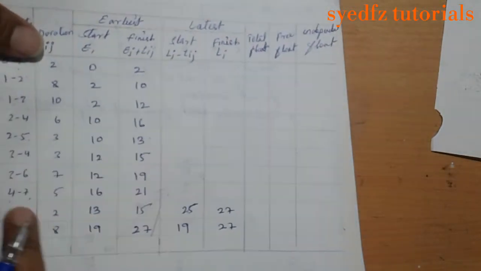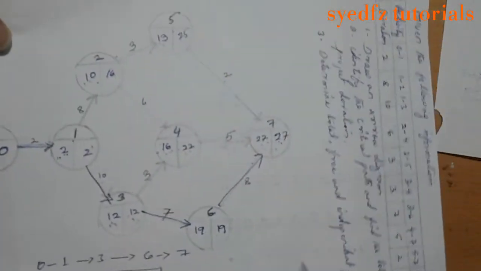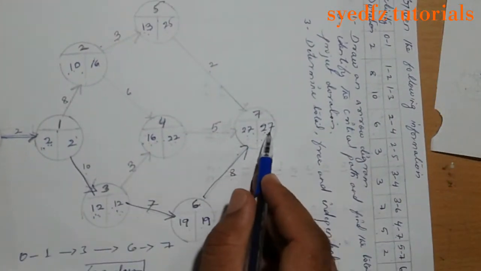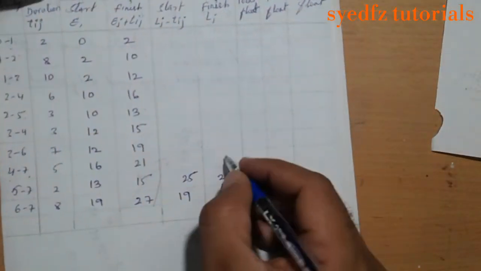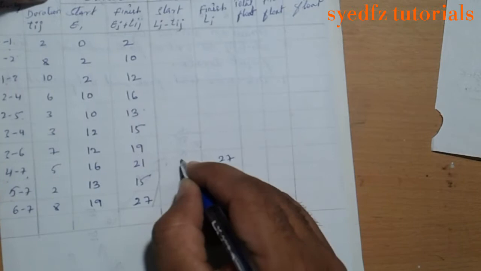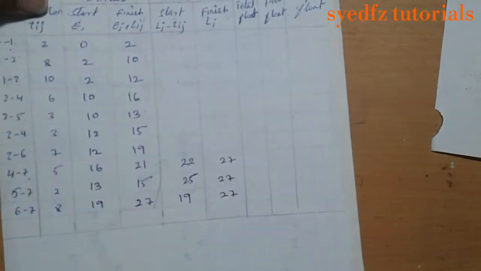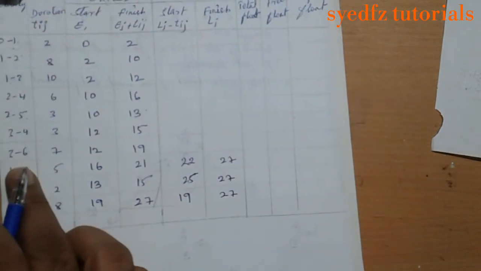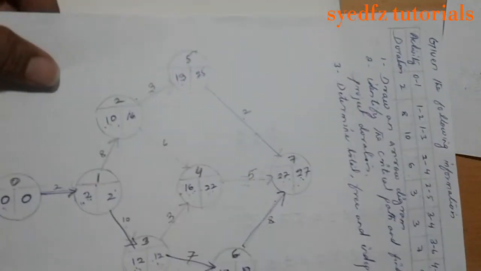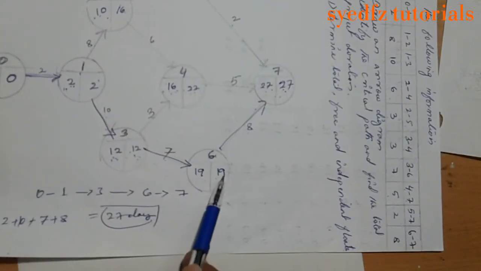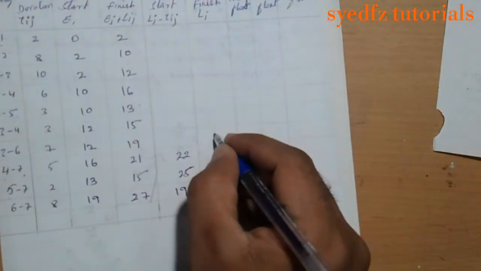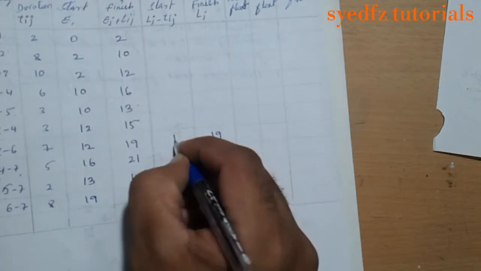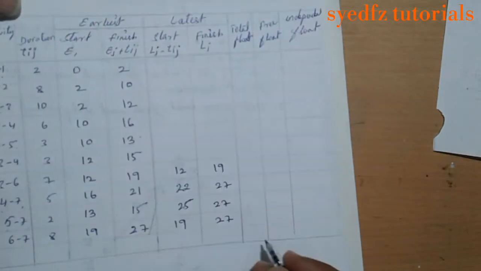Now 4 to 7. Finish on 27, after deducting 5 we got 22. Now go for 3 to 6. Finish on 19, after deduction the start is 12.